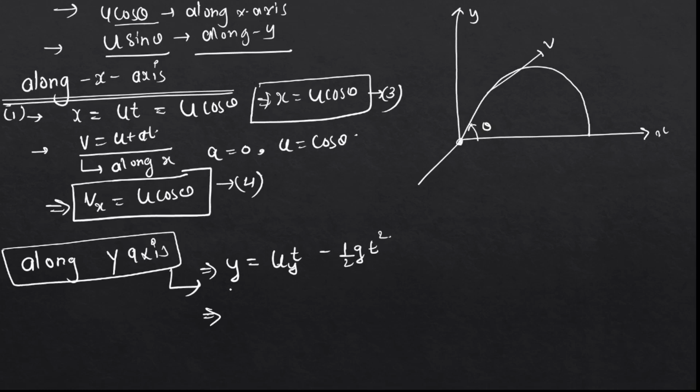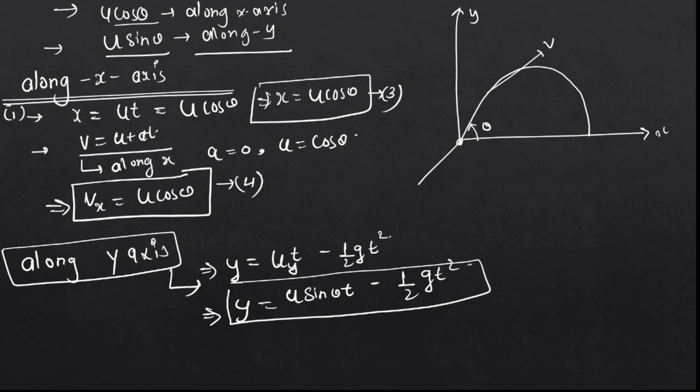Otherwise I will make a separate video on resolving components of any vector. So y is equal to u sin theta times t minus 1 upon 2 g t square. This would be the position of this projectile at any particular time along the y-axis.